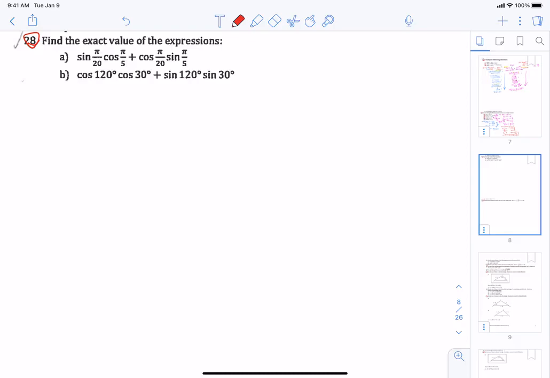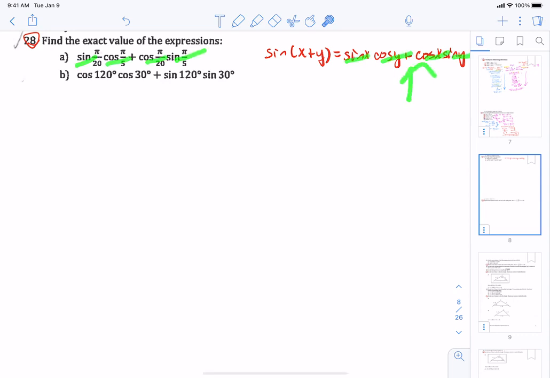You might notice that the sine sum formula, let me write it down for you. The sine of x plus y is sine of x cosine of y plus cosine of x sine of y. You see how that follows that exact pattern? Look at the pattern. It goes sine, cosine, cosine, sine, and there's a plus between them. That's how we know it's the sine sum formula.